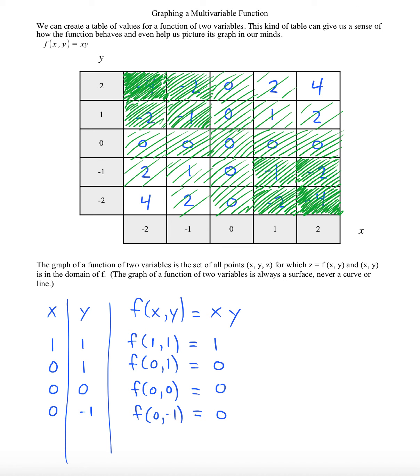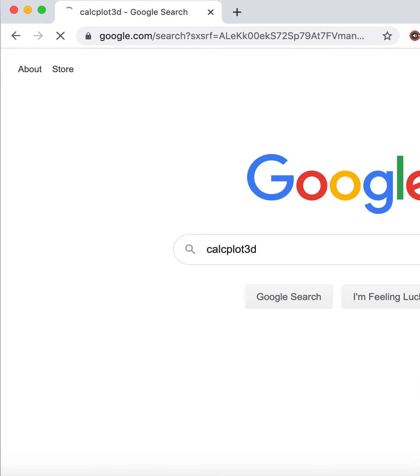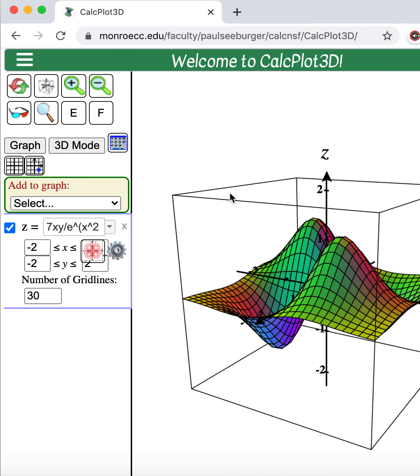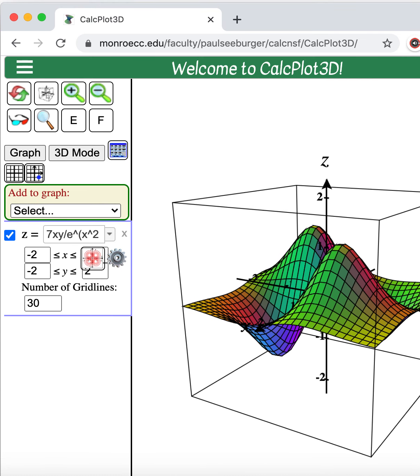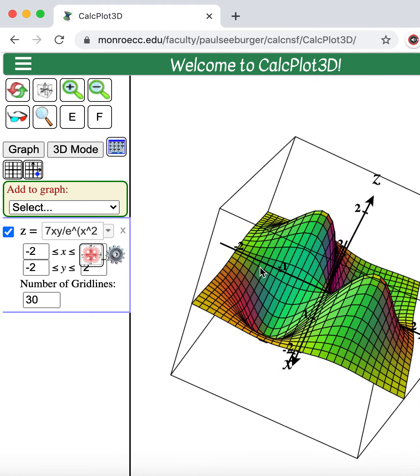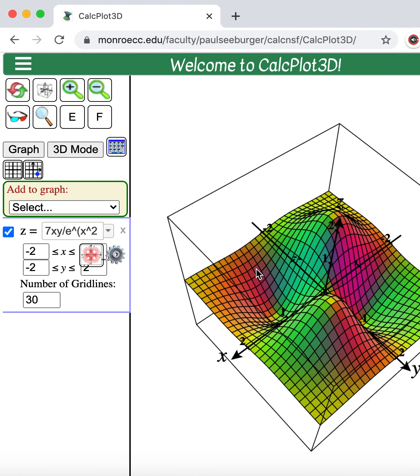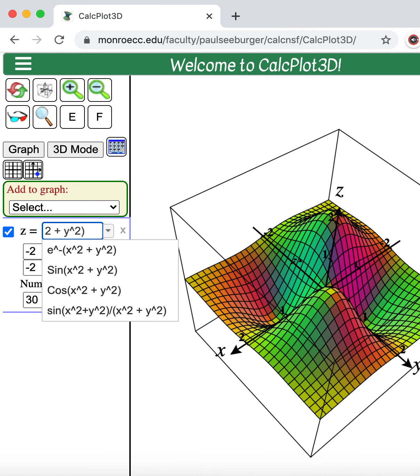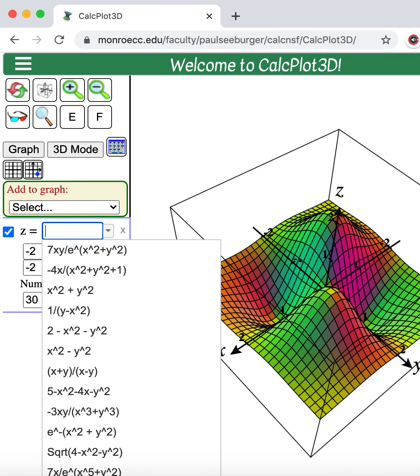Now let's go ahead and plot it using a 3D online application. So this time I'm going to go to CalcPlot 3D, which is another great online grapher for surfaces. And as you can see, it's got a nice visual representation of a surface. We just want to get rid of the example here and plug in our surface.